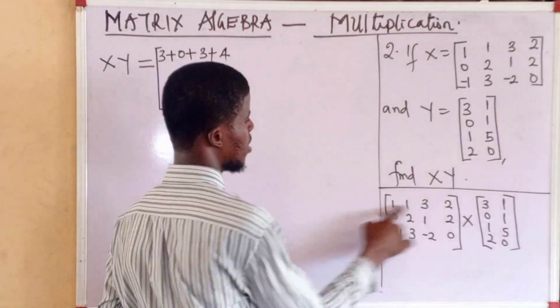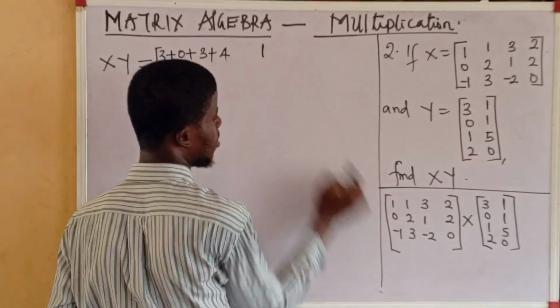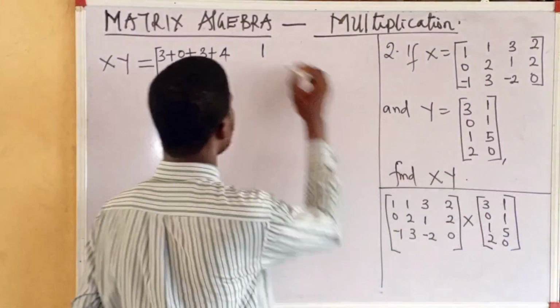Alright. 1 times 1 is 1. 1 times 1 is 1.